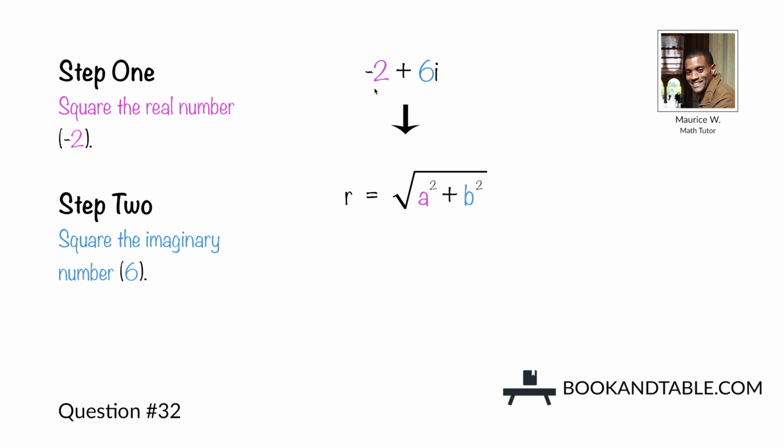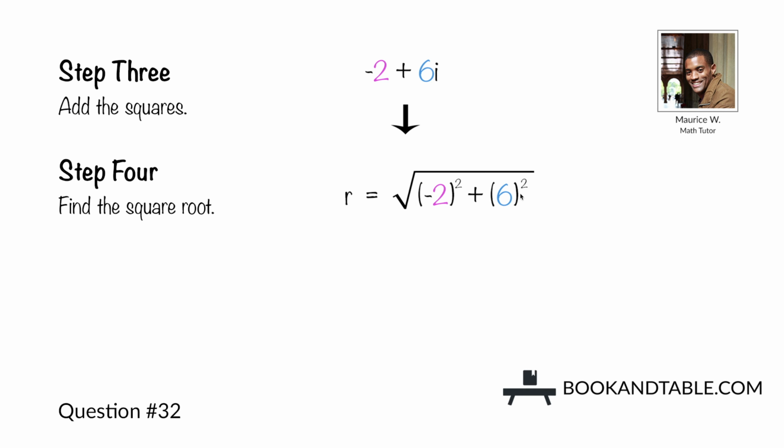The first thing we want to do is square the real number negative 2, giving us negative 2 squared. Then the next thing we want to do is square the imaginary number 6, giving us 6 squared. And then we add those squares together and then find the square root.